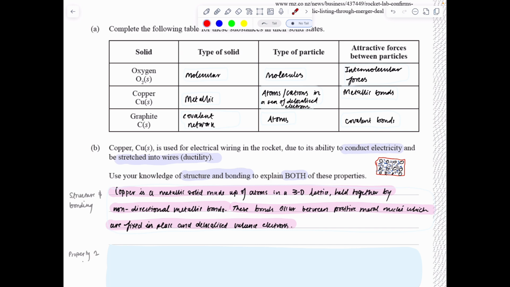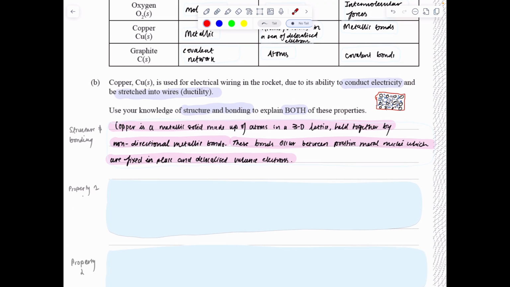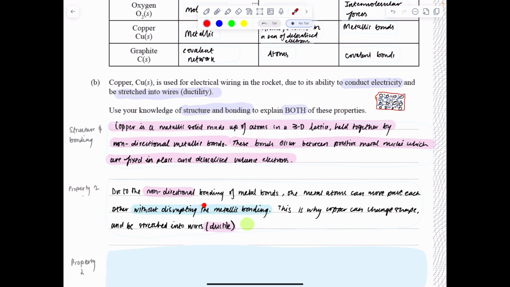So, next we need to talk about property 1. Due to the non-directional bonding of metal bonds, the metal atoms can move past each other without disrupting the metallic bonding, okay? This is why copper can change shape and be stretched into wires, okay? So anything in pink is worth an achieved, okay?